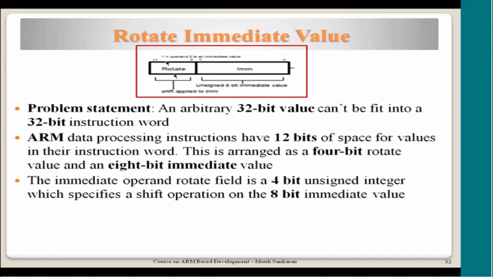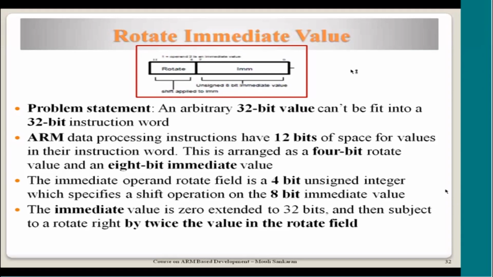I want the rotation to be performed on this 8 bit value. Okay, and when you are doing it, please zero extend this immediate value. Okay, don't do any sign extension, because I am giving only this 8 bit value. So the barrel shifter needs a 32 bit input. So extend this 8 bit value with all zeros. So the most significant part of it will be filled with zeros, and take only this 8 bit that I give you, and then rotate it by this many number of times as I mentioned to you.